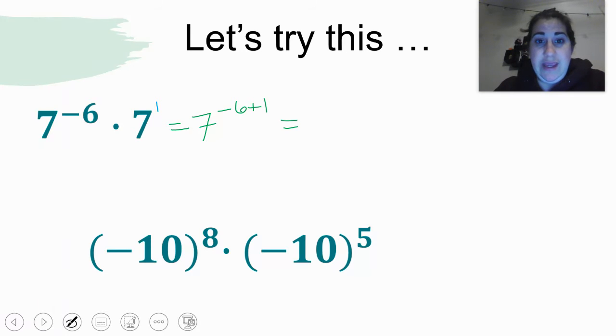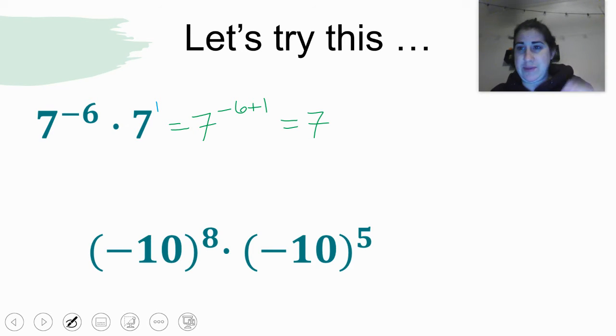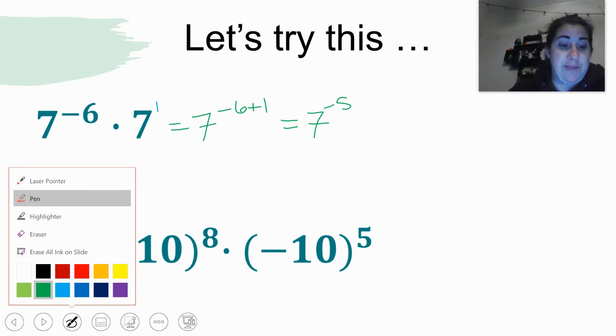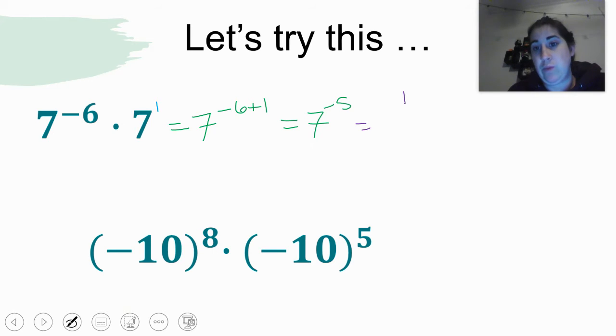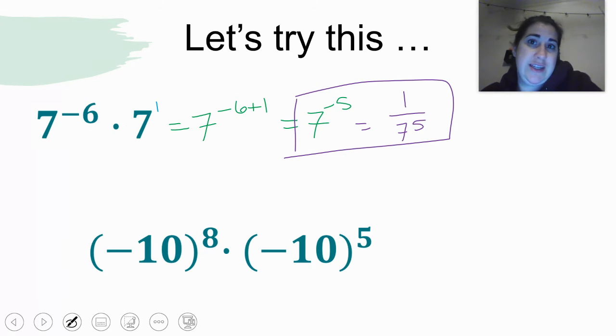So this one's going to be 7 to the, and what's negative 6 plus 1? Negative 5. So that's how we can rewrite it. Now, if we wanted to write it with just positives, it would be 1 over 7 to the 5th. So either one of those would work. You would just have to make sure: does it ask you if it has to be positive? Then you would write it as a fraction. If it's fine having a negative exponent, then you can write it 7 to the negative 5th.